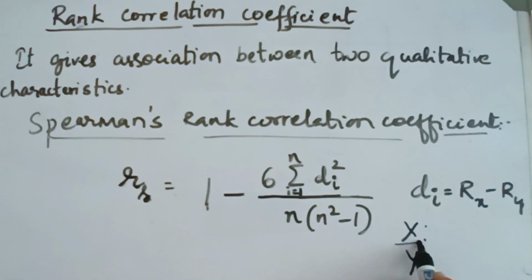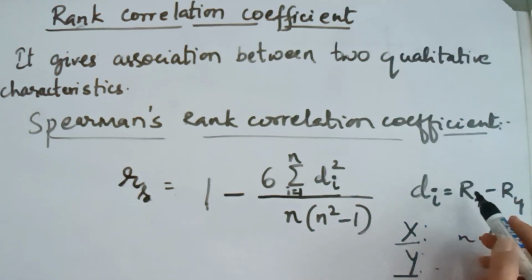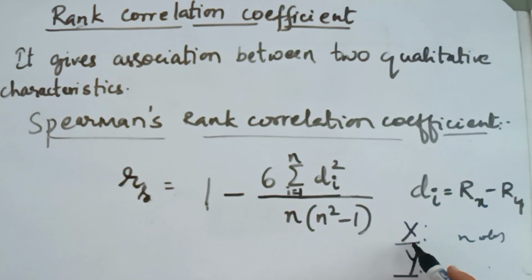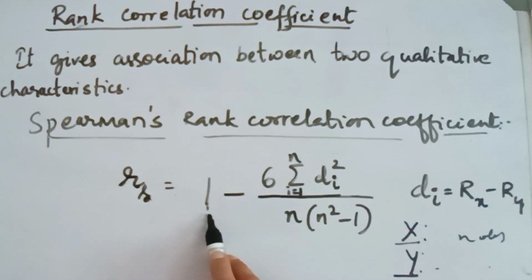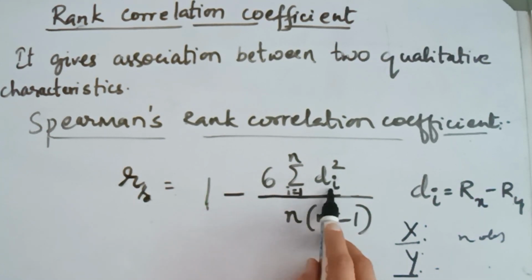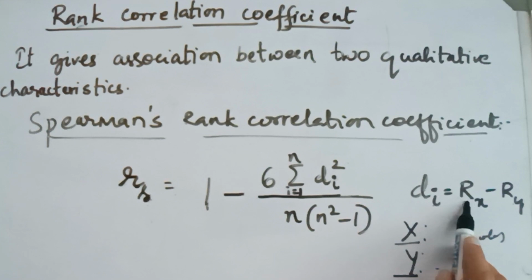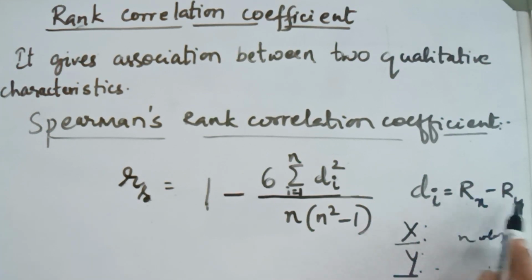The first variable x has n observations and the second variable y has n observations, and Rx means the rank of the first variable, Ry means the rank of the second variable. Then the formula is 1 minus 6 sigma di square, where di means Rx minus Ry, the difference between the two ranks, divided by n into n square minus 1.